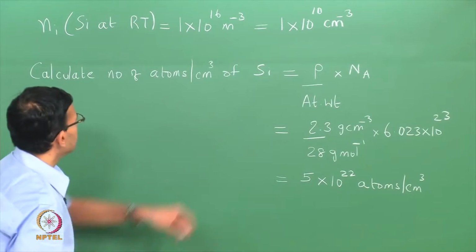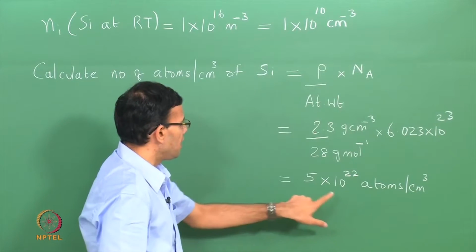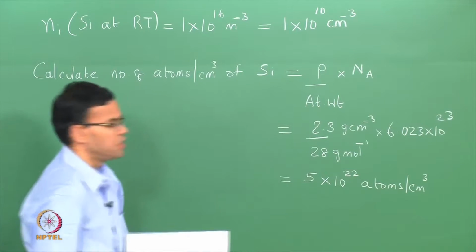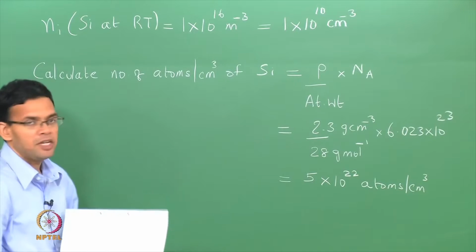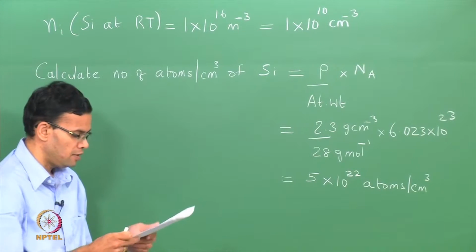So, if we looked at the carrier concentration and said that was 10 billion, we can compare it to the number of atoms, which is 10 to the 22. So, 10 orders of magnitude more than 10 billion.